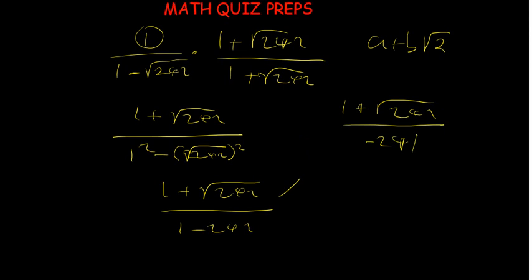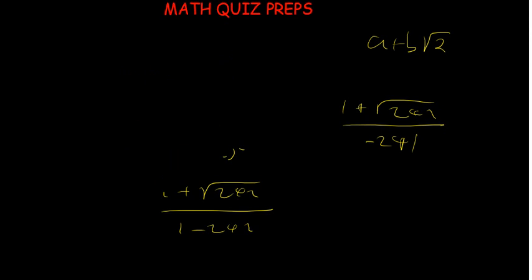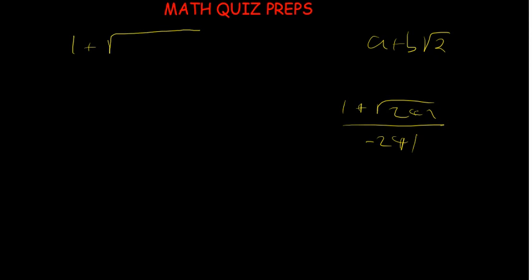Now remember, our aim is to write in the form a plus b root c. So where we can see a root, let's make sure that we have got a 2 inside. So what we want to write is 1 plus. How do we write 242 with a 2? That will be 2 times what number? 2 into 242 is 121. That is 121. And then we are dividing by negative 241.